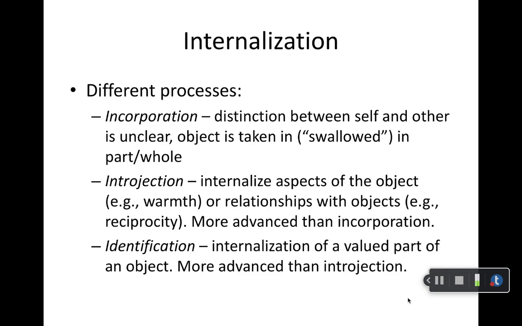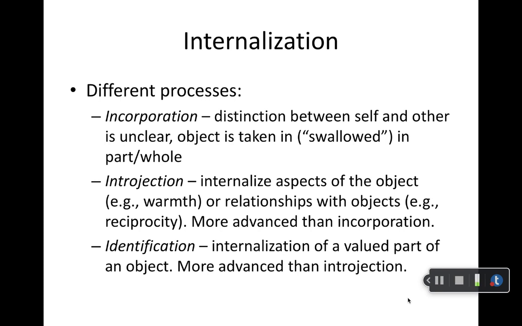There are three different ways in which we can internalize experience. The most crude process is incorporation, which happens early in life, where the distinction between the self and another person or object is unclear, and the object is incorporated or taken in, or swallowed, if you will, in part or in whole.